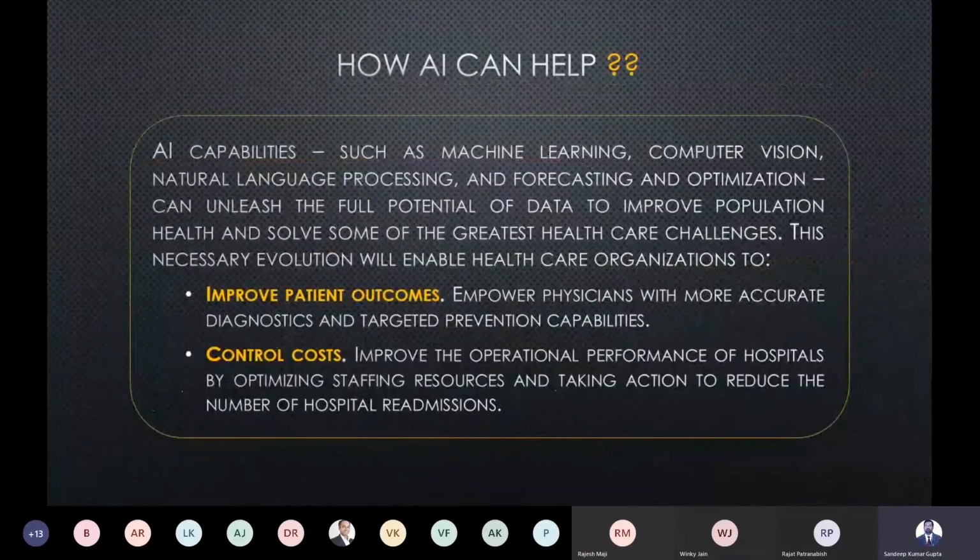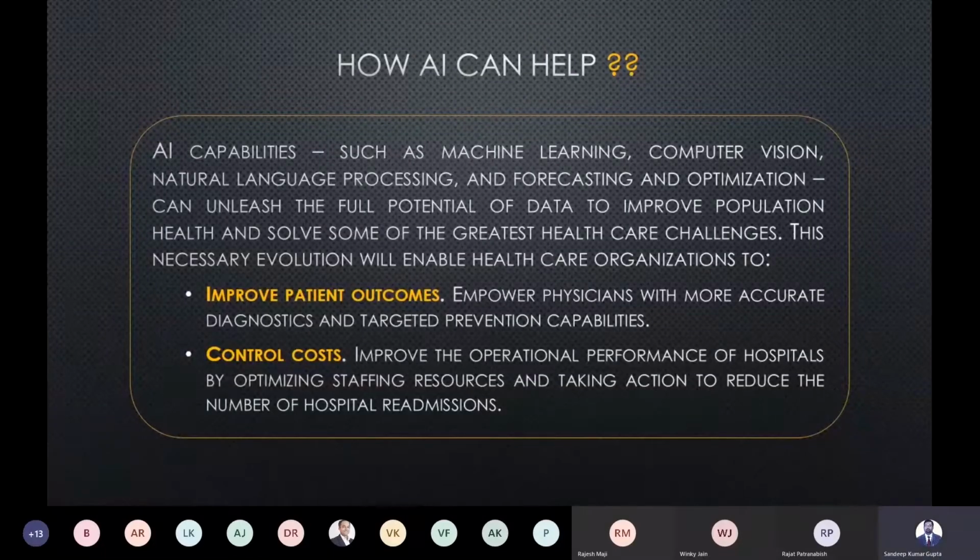And when we talk about how AI can be used in this, AI is artificial intelligence, which you would have heard of. There are different tools having different levels of difficulty in implementation and adoption. AI definitely includes machine learning, computer vision, NLP, and forecasting optimization, etc. So there are a bunch of tools under the umbrella of AI. It can unleash the full potential of data to improve population health and solve some of the greatest healthcare challenges.